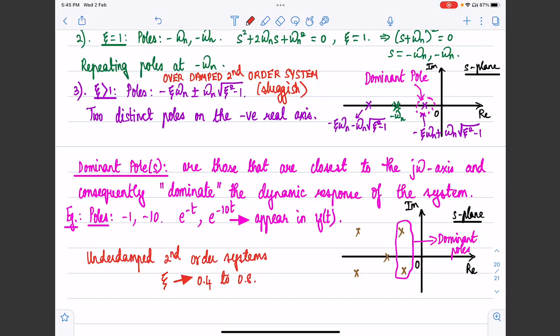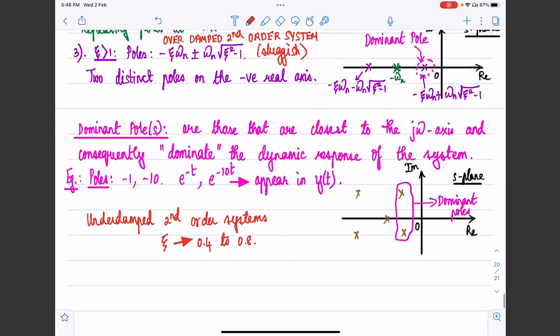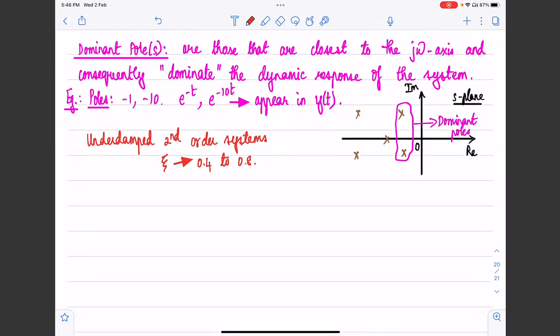We don't want to go too low a damping ratio because then there will be a lot of oscillations. And we don't want to go too high a damping ratio, because then the response will become completely sluggish. So that's why we have a range. In the next class, when we derive some performance metrics, we will see all these facts also through equations.